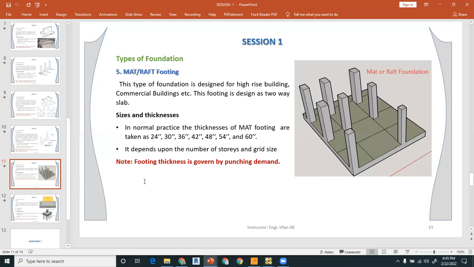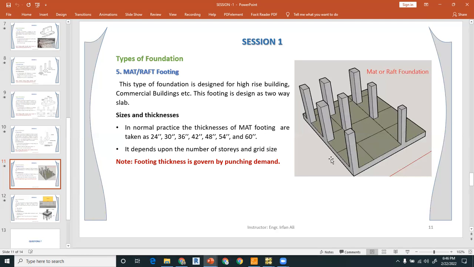The thickness is governed by the punching demand, and the punching demand is governed by the grid size. For example, you can see this grid is larger, and the other one is the shorter grid. So this column will require less thickness of the raft, but this one will require more thickness, right?